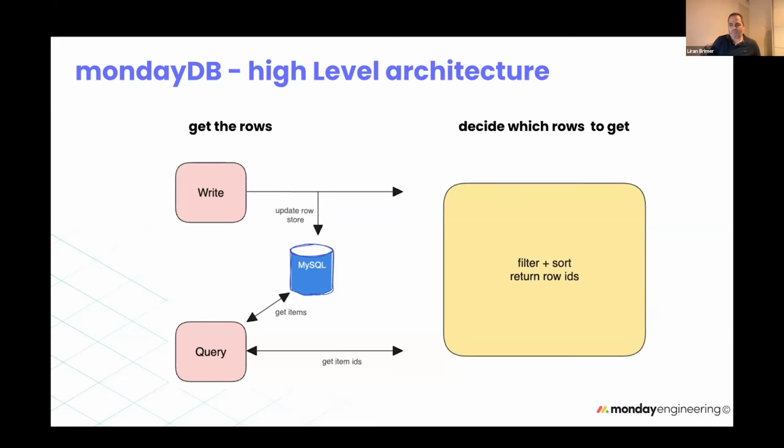So now the client is very slim, and it doesn't matter whether the board has 1,000 or 1 million items, because the client only gets 100 items or so at a time. So this was the motivation.